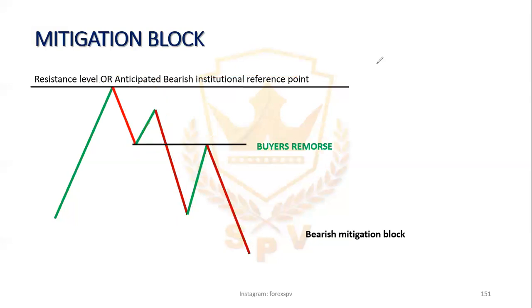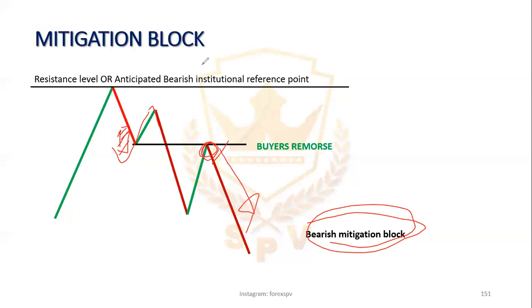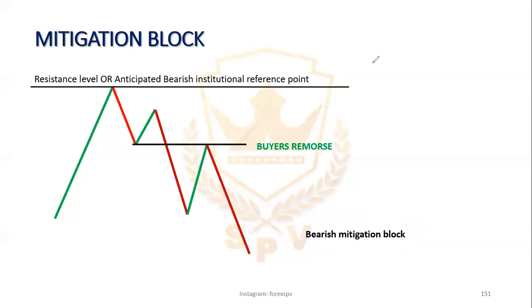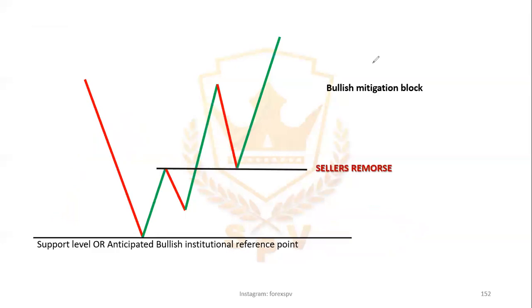So on the mitigation block, we'll be looking at the last red candle here prior to this swing, and we call that a bearish mitigation block. So we would wait for a reaction around this area for us to take a trade. And you find sometimes the M's that are formed on the 15 minutes time frame are formed as a mitigation block.